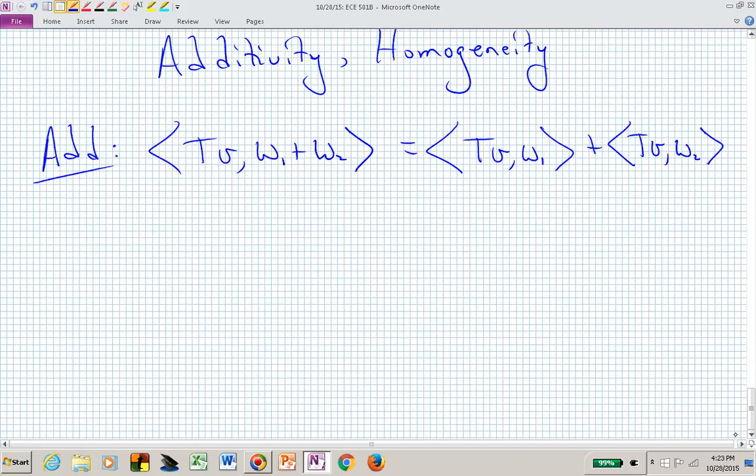But by the definition of the adjoint, we want to slide that operator into the second slot so that now we have V, comma, T dagger W1 plus V, comma, T dagger W2.